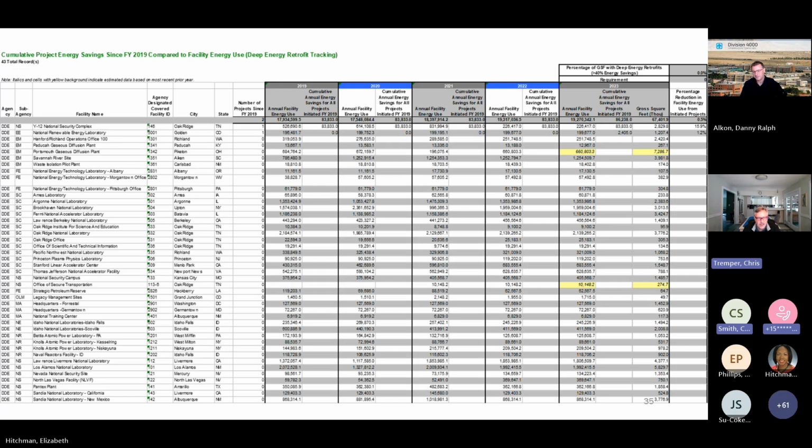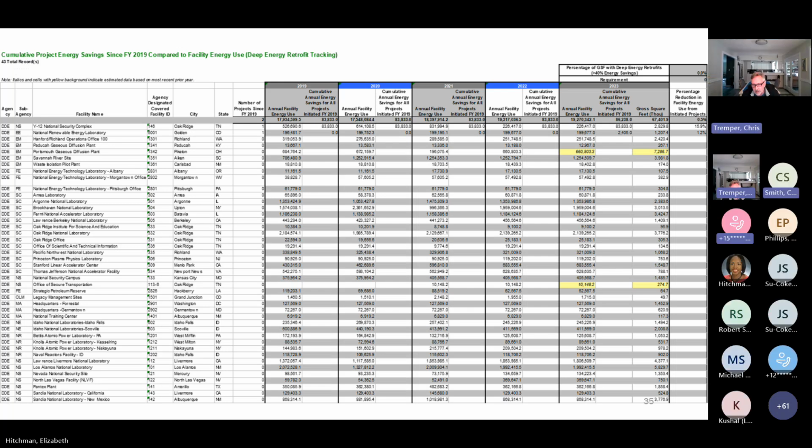And then as you add additional projects or award additional projects and report it in CTS, the additional savings begins to accrue across. And you can see just that one project at the Y12 plant resulted in annual energy savings of almost 16% of the footprint for the plant in the year 2019. So that last column there is the key to look at.